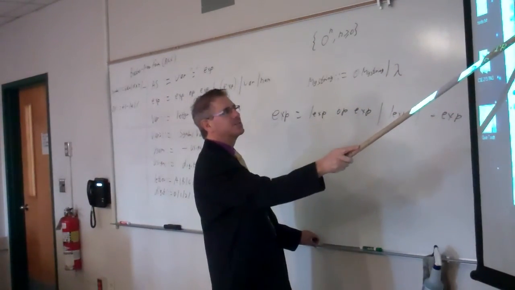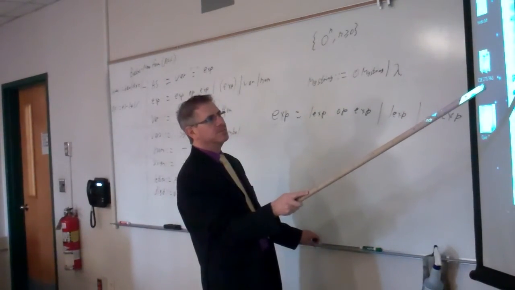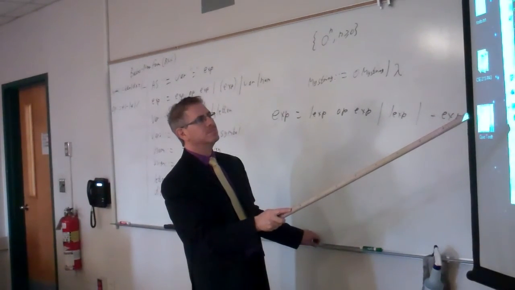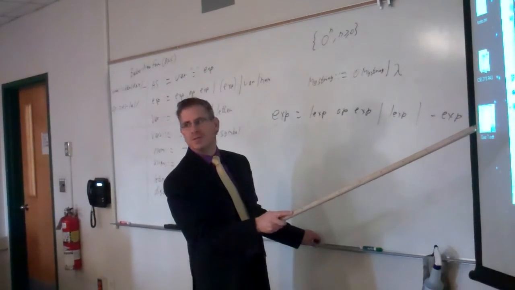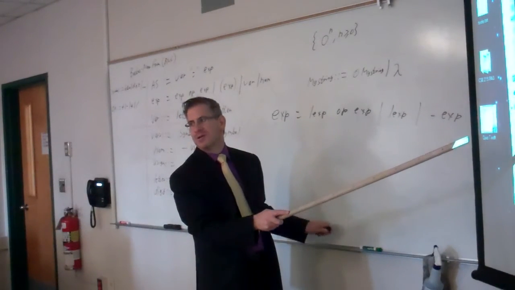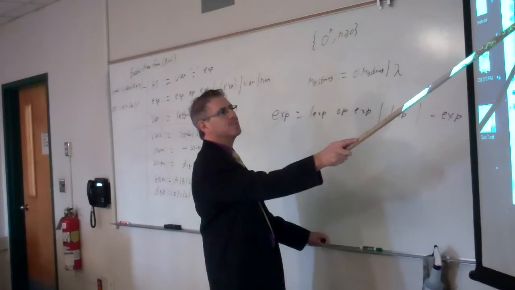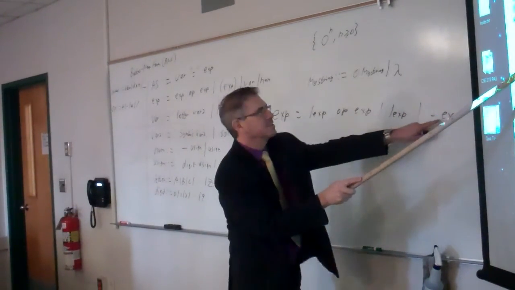An expression is either a minus sign followed by a left expression, followed by an expression. I think that minus sign might be for a negative expression. It's not a unary operator. Yeah, it's like minus x plus y, or just minus x. So a minus sign followed by an expression, that's this.